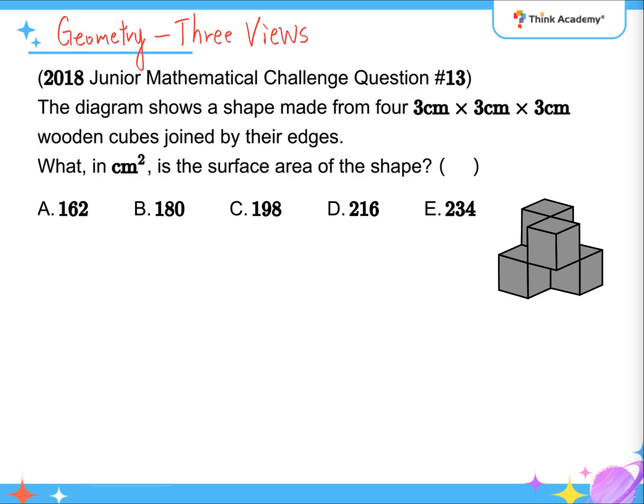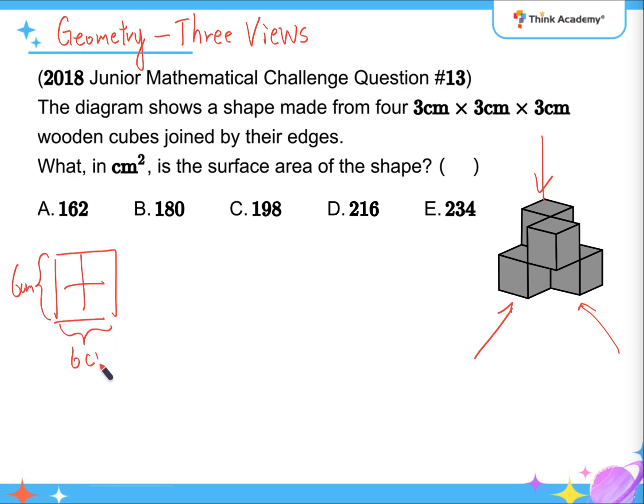We know that this shape, no matter if you're looking at it from the left, from the front, or from the top, basically that's the 3 sets of views, right? You're going to see a 2 by 2 square grid, which the dimensions are 6 centimeters and 6 centimeters.